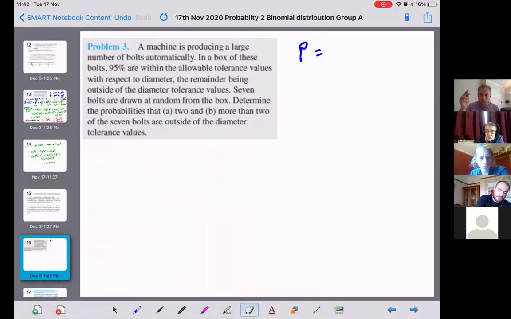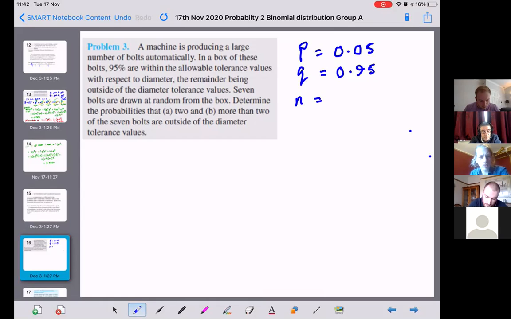In decimal terms, 5% is 0.05. Therefore, if they're going to add up to 1, Q must be 0.95. And what's n in this case? 7, yeah, because we're going to draw 7 sample bolts from the box.